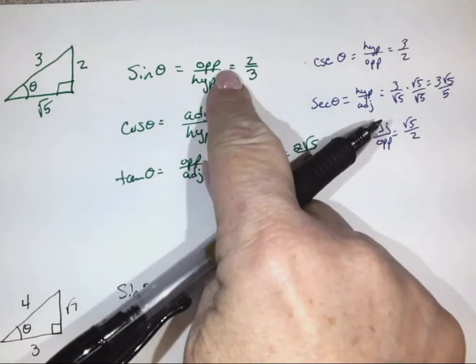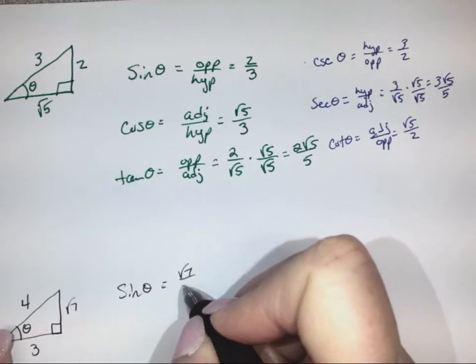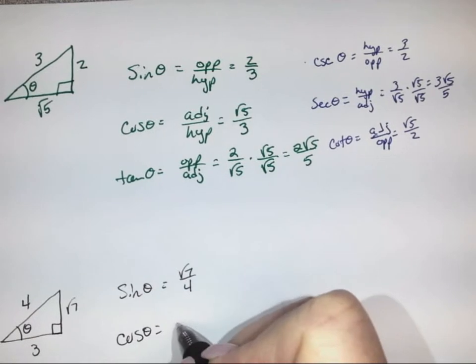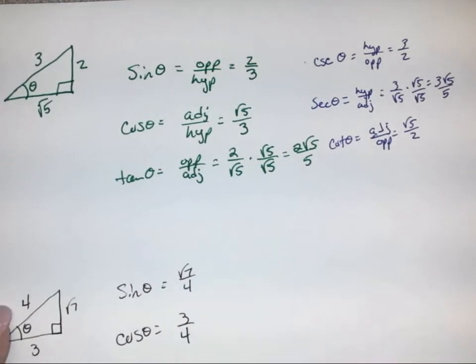Our sine theta is still opposite over hypotenuse, so it'll be the square root of 7 over 4. Our cosine theta is still the adjacent over the hypotenuse. And our tangent theta is equal to the opposite over the hypotenuse.